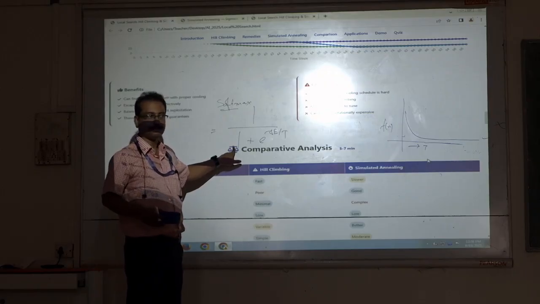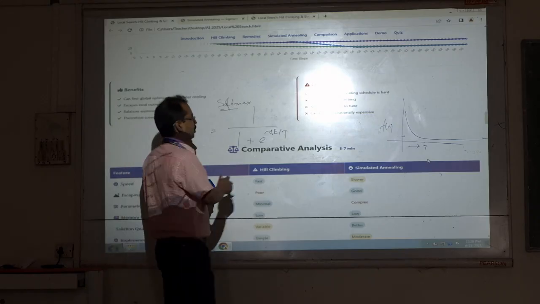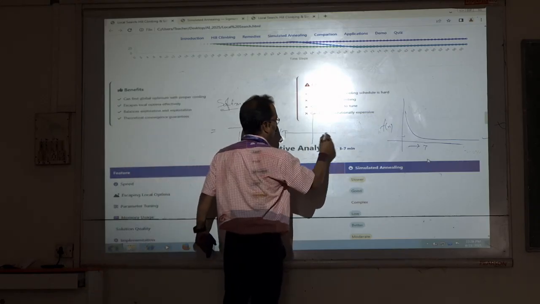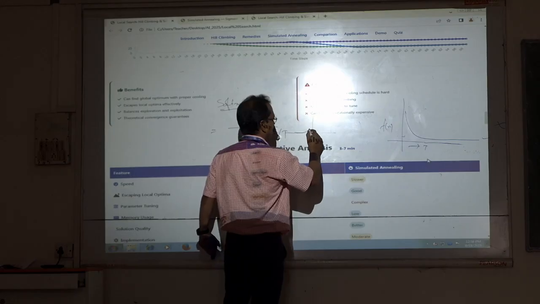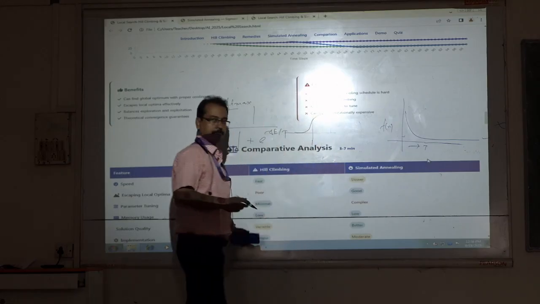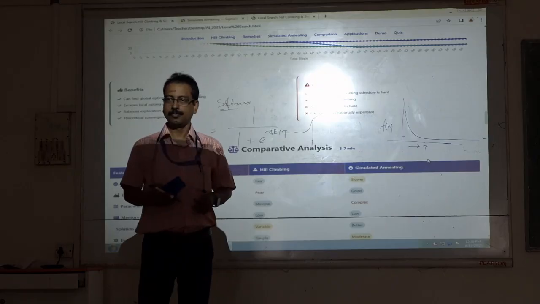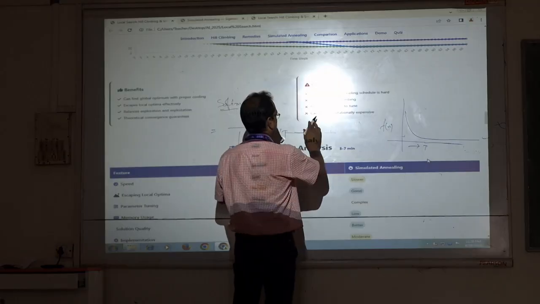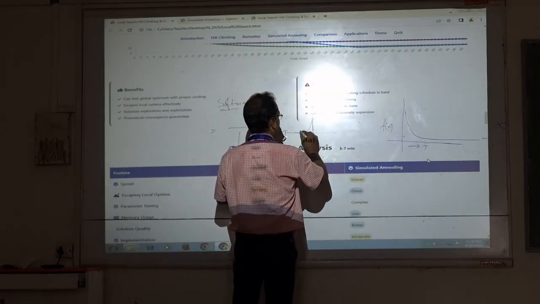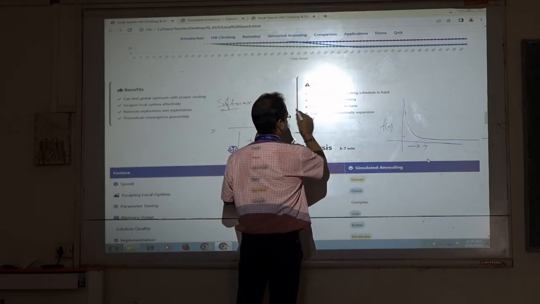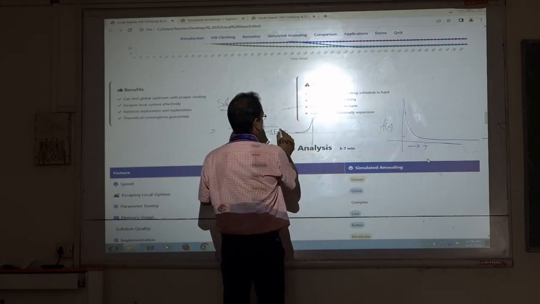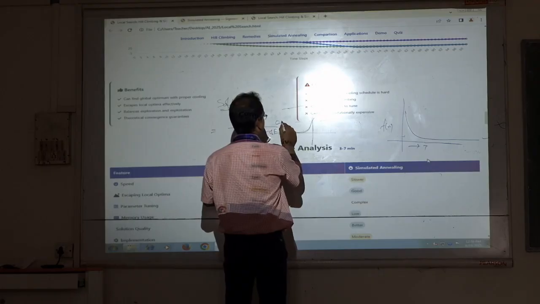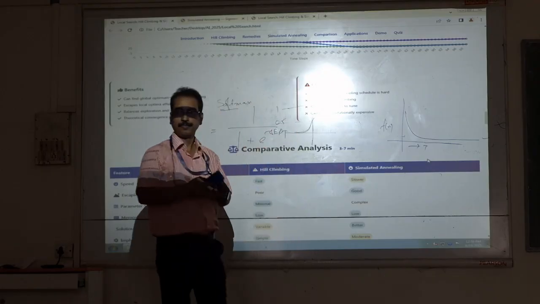Now the graph of this probability distribution will be like this. So between 0 and 1. It is 0, this portion is 0.5, this portion 1.